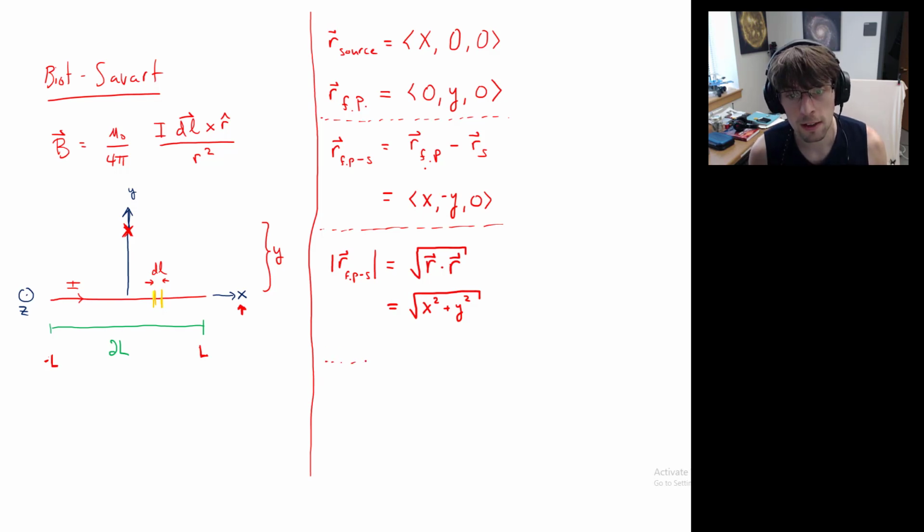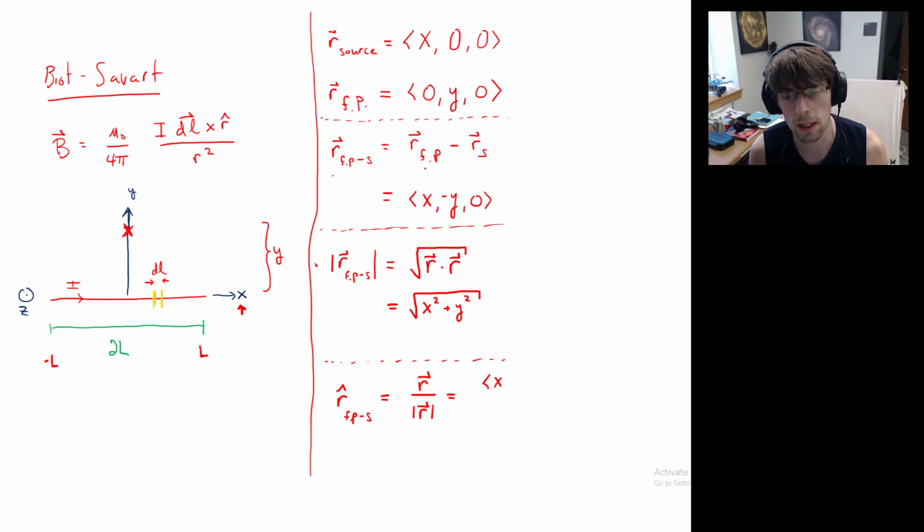Which means now that we have the relative position vector and its magnitude, we're in a situation where we can now write the unit vector, namely the vector divided by its magnitude. So we go ahead and do that.